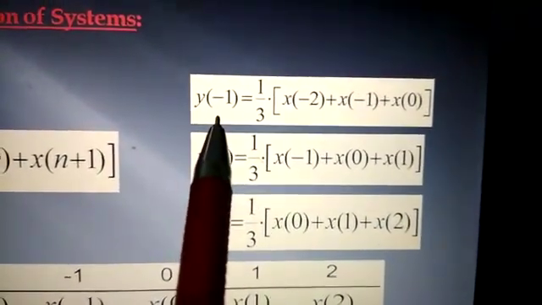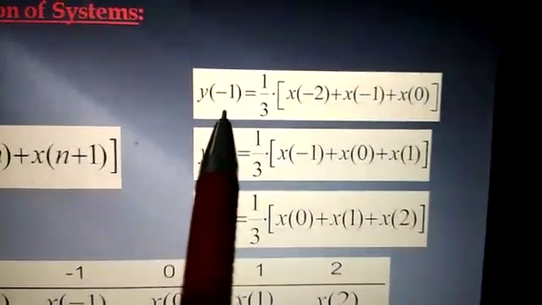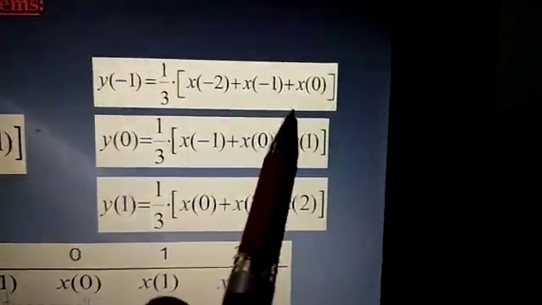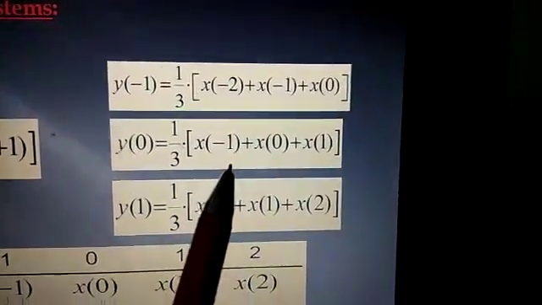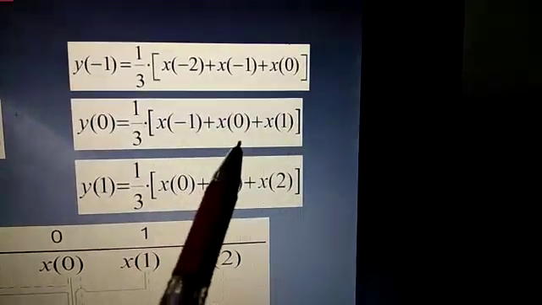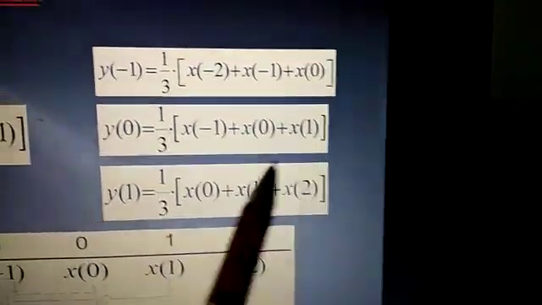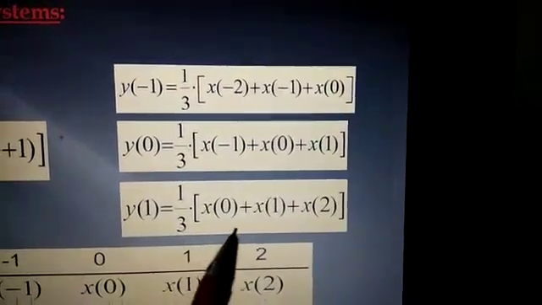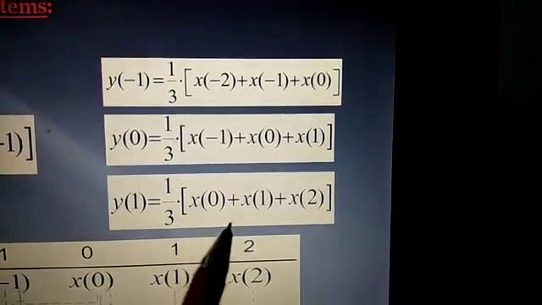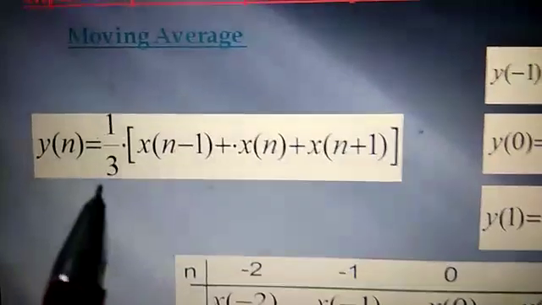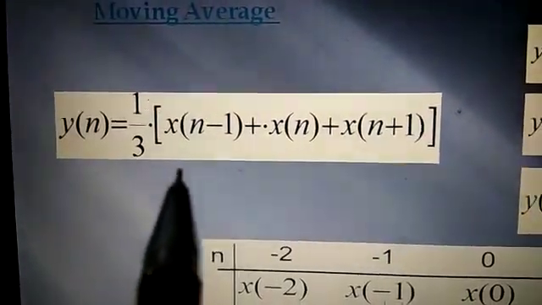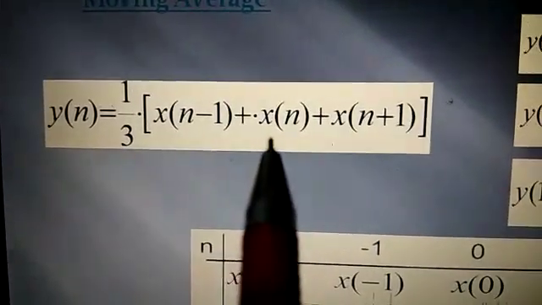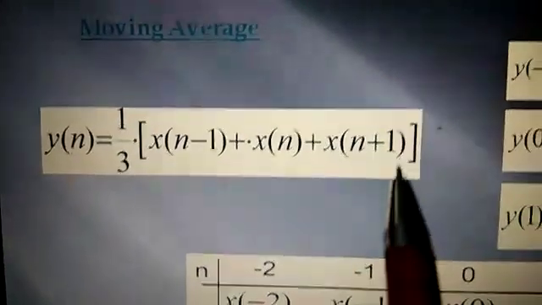Not delay, you can say it is behind, that is minus 1. y of minus 1 is equal to 1 by 3 into x of minus 2 plus x of minus 1 plus x of 0. y of 0 is equal to 1 by 3 into x of minus 1 plus x of 0 plus x of 1. y of 1 is equal to 1 by 3 into x of 0 plus x of 1 plus x of 2. And this is the general relation: y of n is equal to 1 by 3 into x of n minus 1 plus x of n plus x of n plus 1.